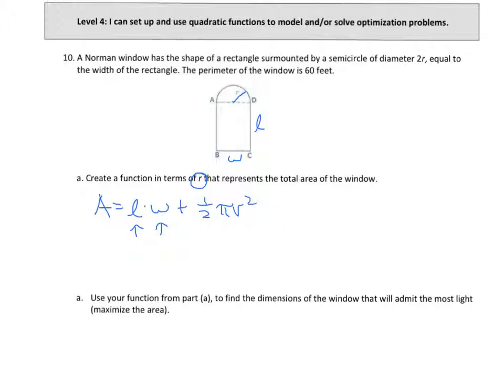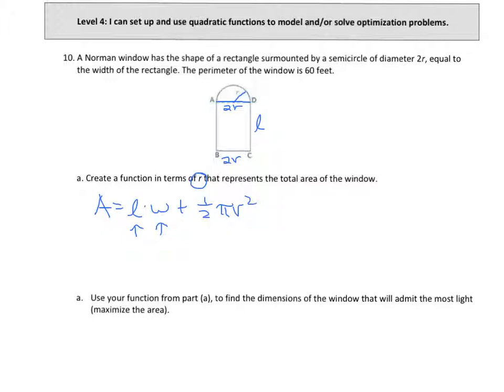So I go back to the information I was given in the beginning. We have a semicircle with diameter 2r, so they're telling us the diameter of this semicircle is 2r, which makes sense, it's 2 radii. So I can replace the width with 2r.